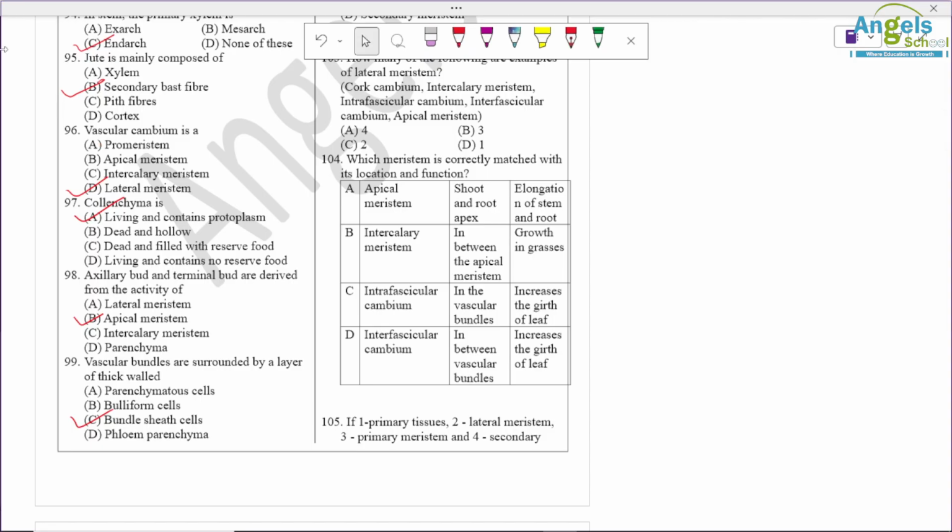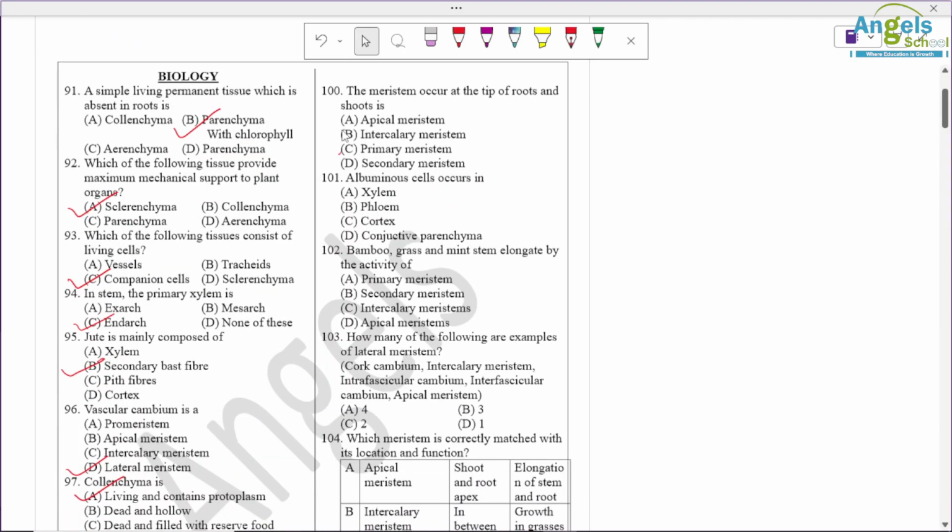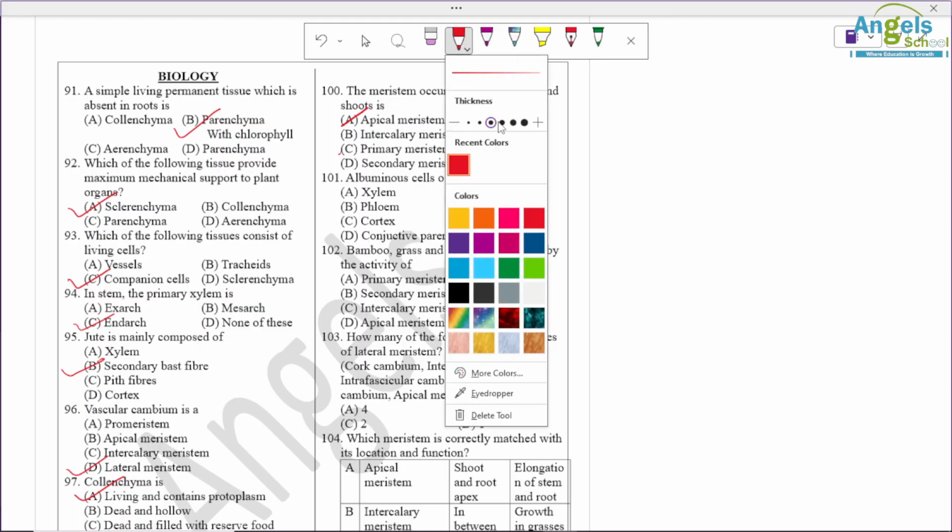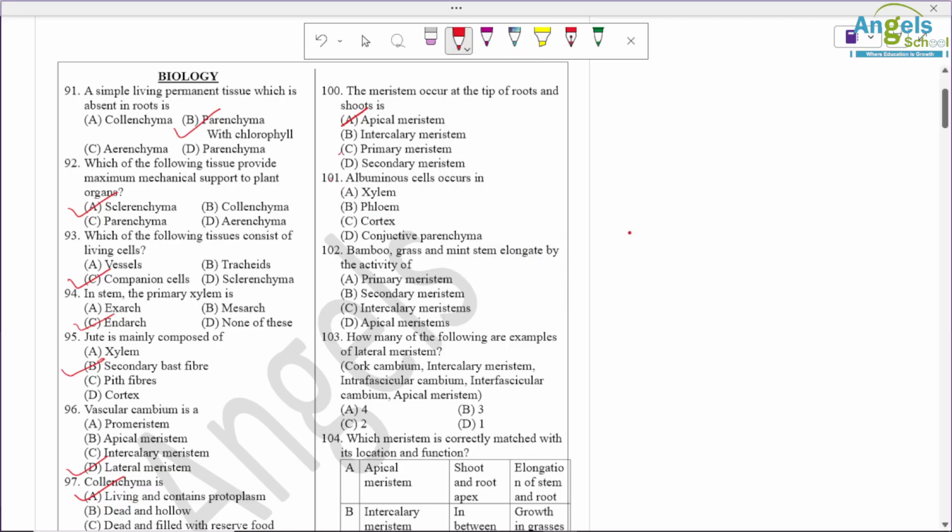The meristem occurring at the tip of root and shoot is apical meristem. Albuminous cells occur in, so it is present in phloem only.